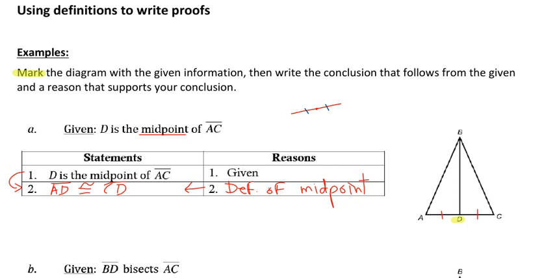Also, whenever you're writing segments, always try to name the segments based on the correspondence. So AD, I'm starting from this vertex going to the middle of the segment, sort of.